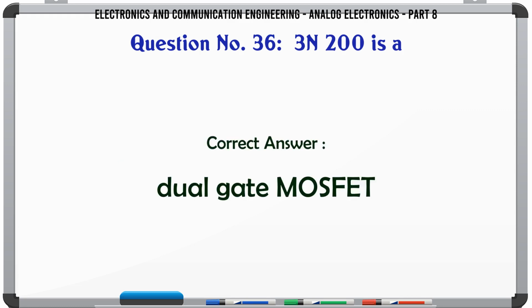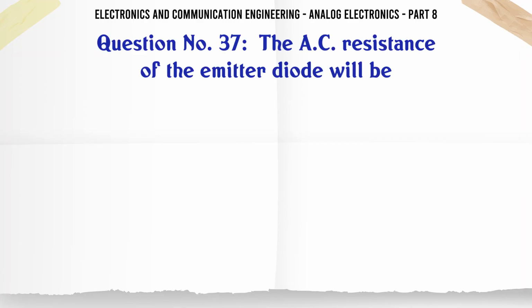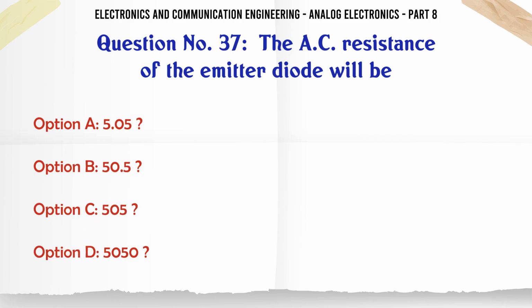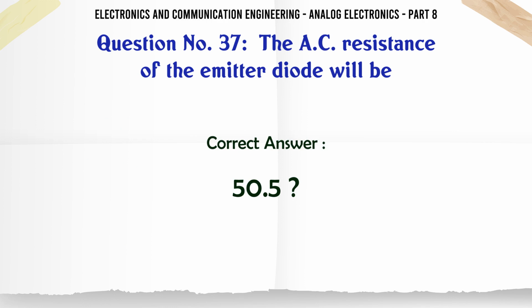The correct answer is dual gate MOSFET. The AC resistance of the emitter diode will be A. 5.05, B. 50.5, C. 505, D. 5050. The correct answer is 50.5.